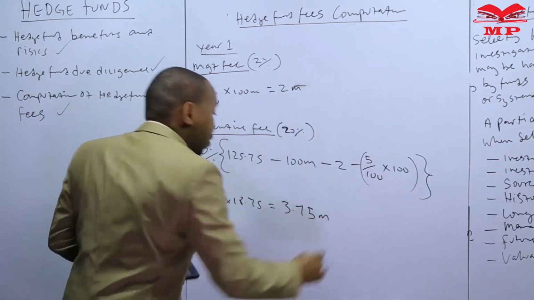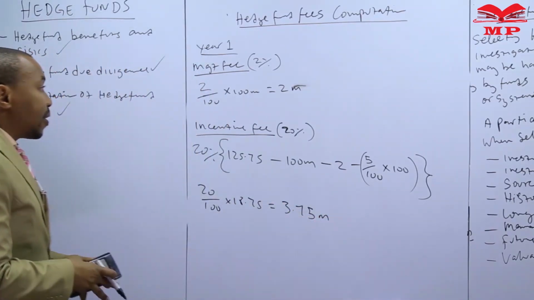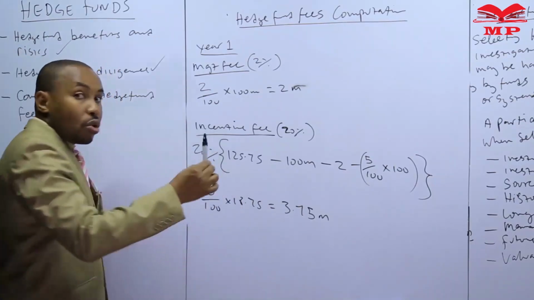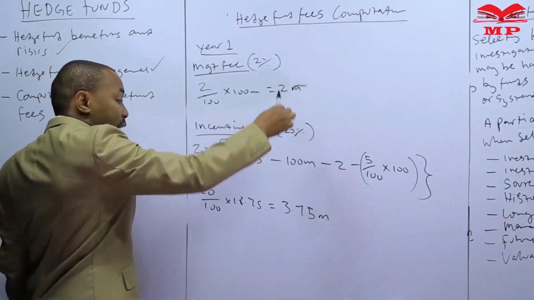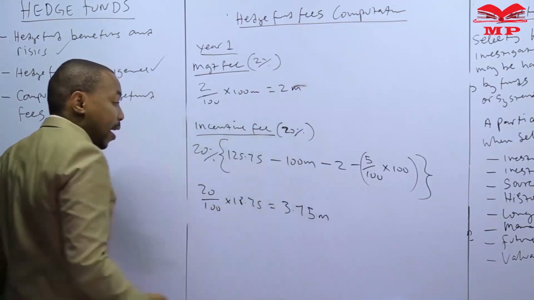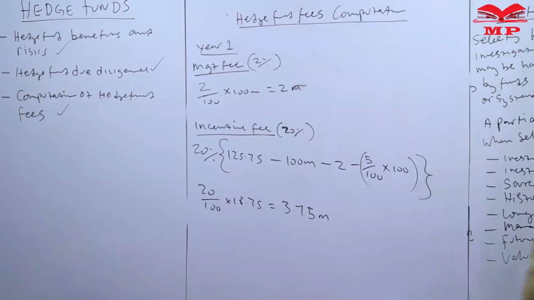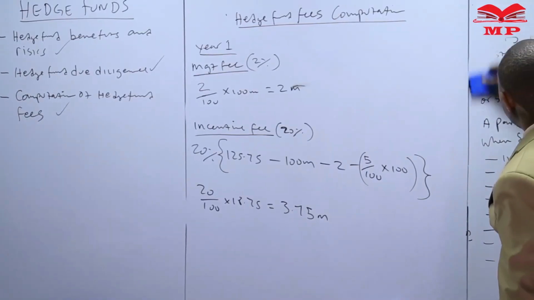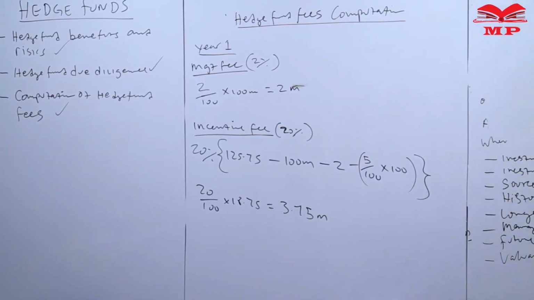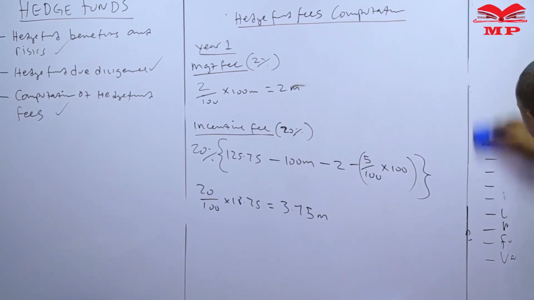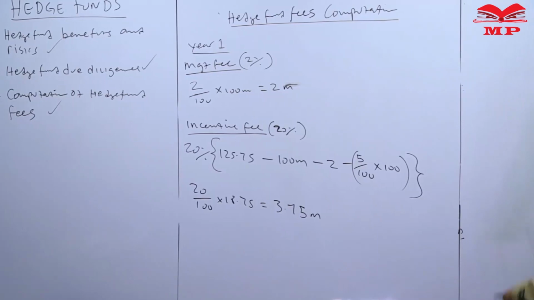3.75 million. Once you have the 3.75, the total fees is going to be this plus that value. It looks like 5.75 million without even using the calculator.